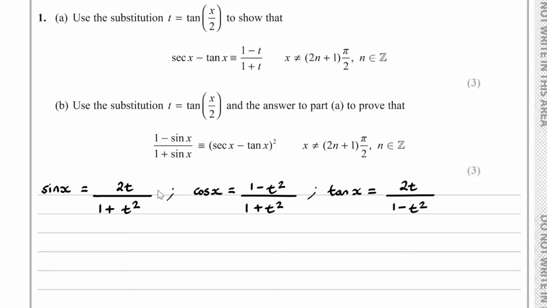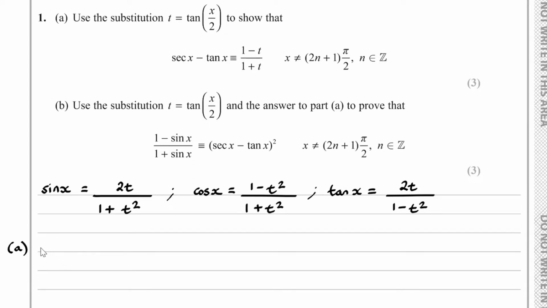So what we need to do is substitute these into the left hand side for part A. Now sec x is the same as 1 over cos, so we reciprocate this result.